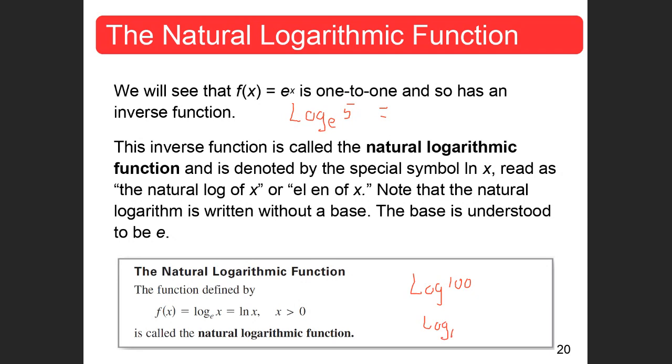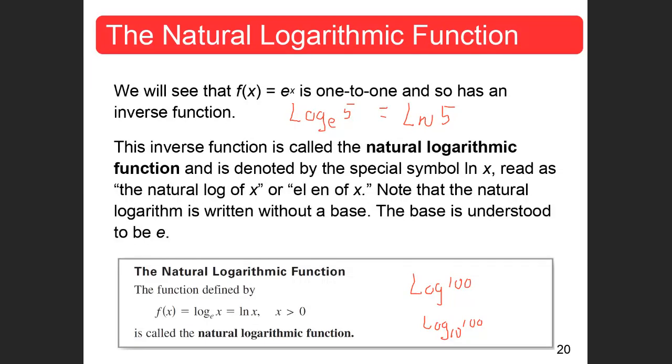So this would be log base 10 of 100. If there's not a base written in, it's assumed to be 10. Now, if the base is e, that is what we consider natural log. So log base e of 5 is the same thing as natural log of 5. Usually calculators do have natural log buttons on them.